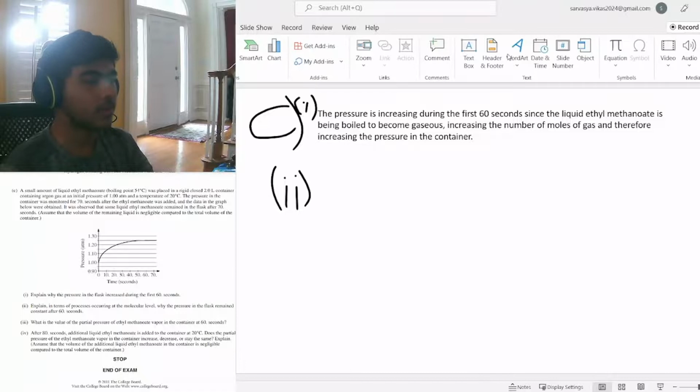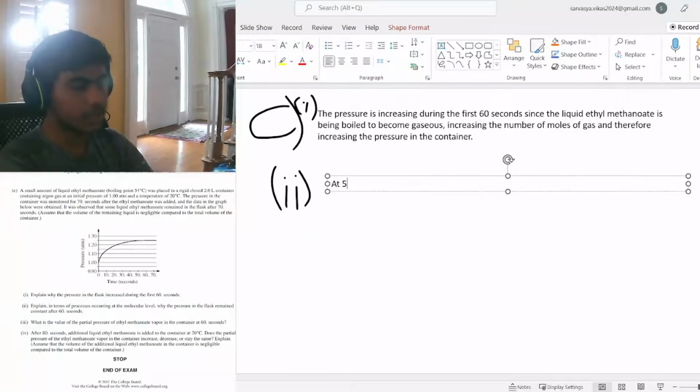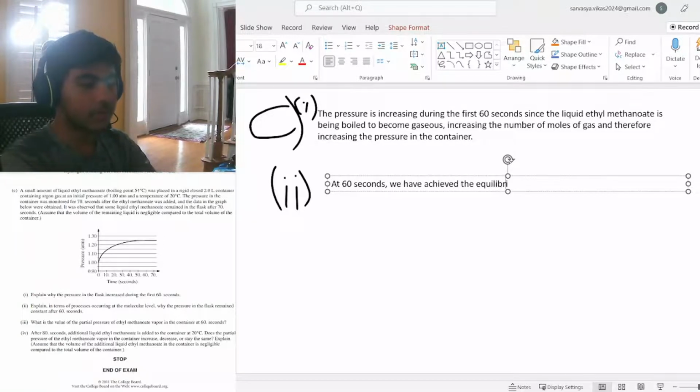At equilibrium, we're not going to be changing anything since the rates are the same. So at 60 seconds, we have achieved the equilibrium vapor pressure of liquid ethyl methanoate.